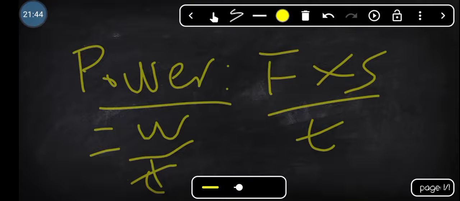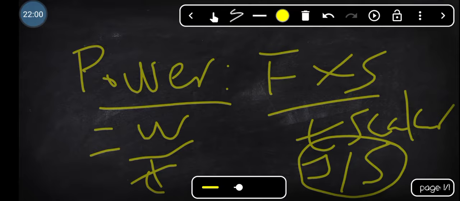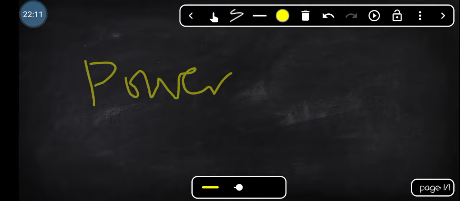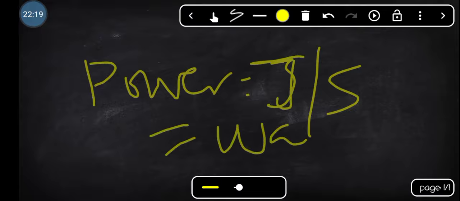So it is also a scalar quantity. And it is measured in joules per second. And the thing about joules per second is that we have a unit called the watt. So the watt is equal to joules per second. Power is measured in joules per second, and that is equal to watts.